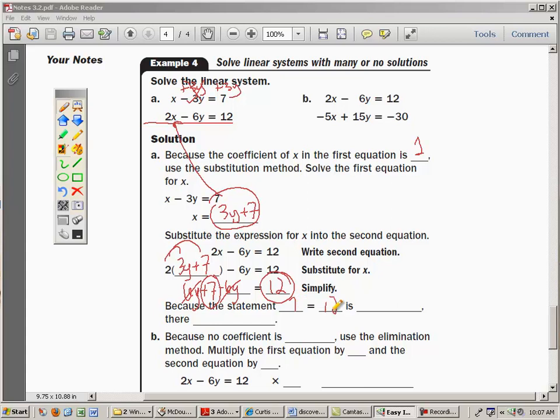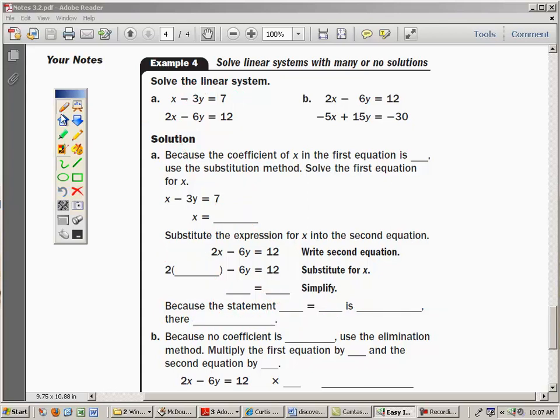The statement 7 equals 12 is never true. So because the statement is never true, that means the two lines never cross. That means there are no solutions. Or rather, there is no solution. I guess I should use proper grammar there. There is no solution. There is no one point because the two lines must be parallel.